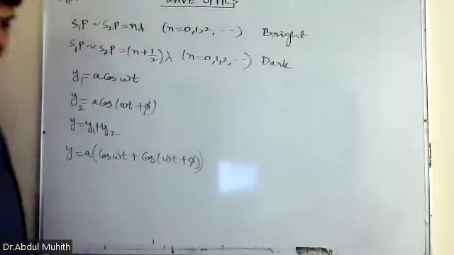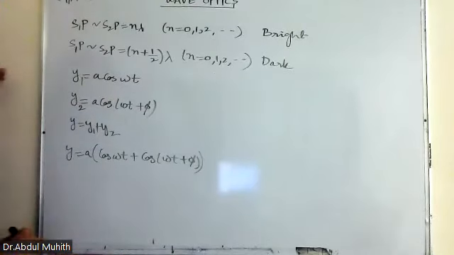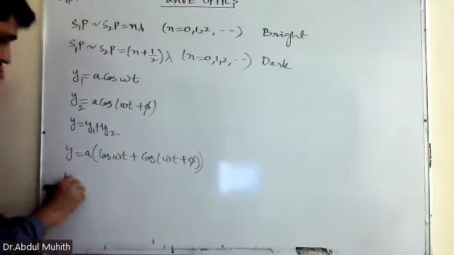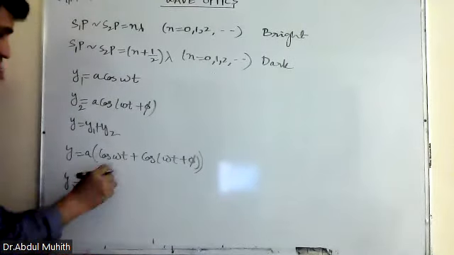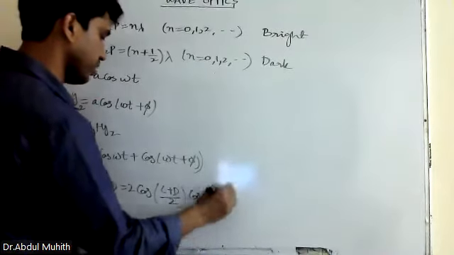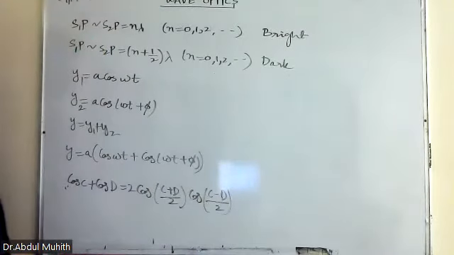Now I am applying the cos C plus cos D formula. What is the formula? 2 cos of (C plus D) by 2 and cos of (C minus D) by 2.